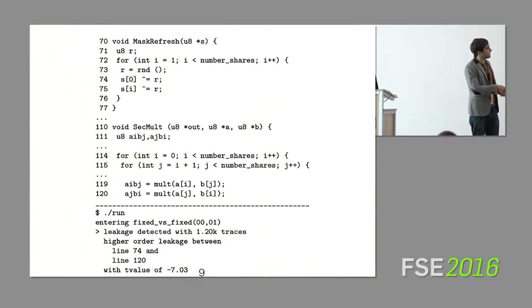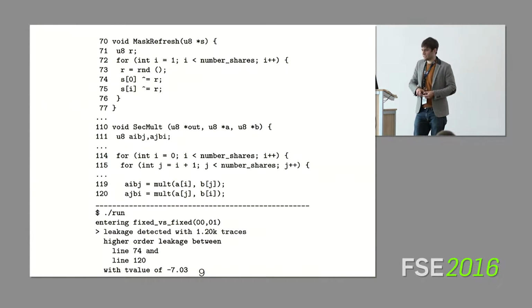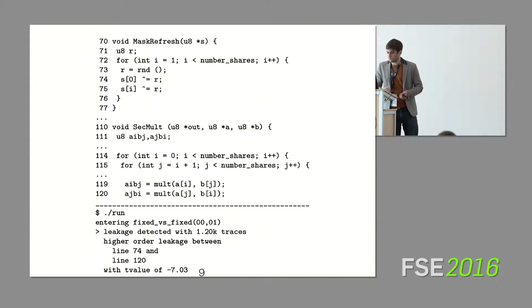Okay, so this will tell you that there is something between line 74 and line 20, and that's between one variable that is living in the refreshing block and one variable that is living in the multiplication block. Okay, so this is the input-output interface of this small tool.